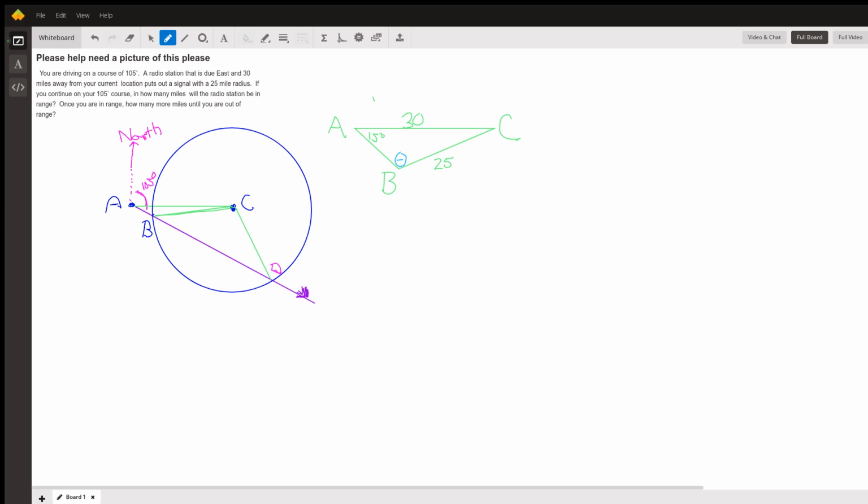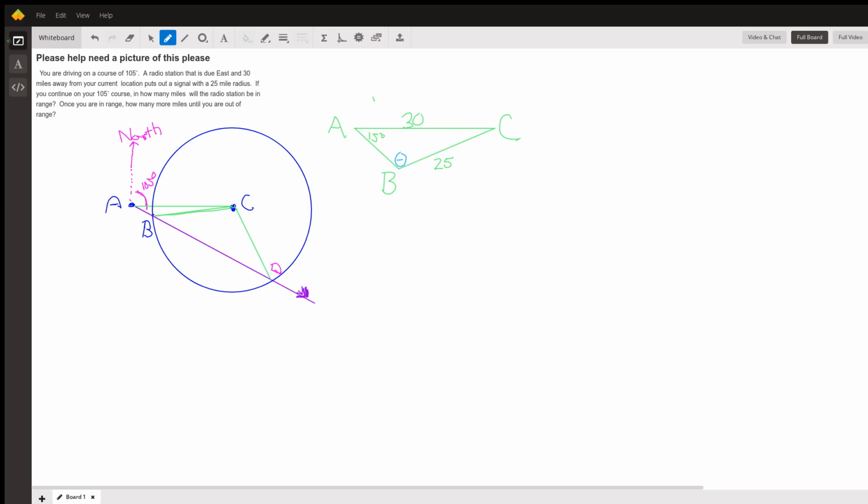And BC is in fact the radius of the signal, 25-mile radius. So right at point B, we're in range of the signal, so we are 25 miles away from C. So BC is 25. And that angle, CAB, is 15 degrees. That is, 105 degrees from due north is 15 degrees south of due east. 90 plus 15 is 105.